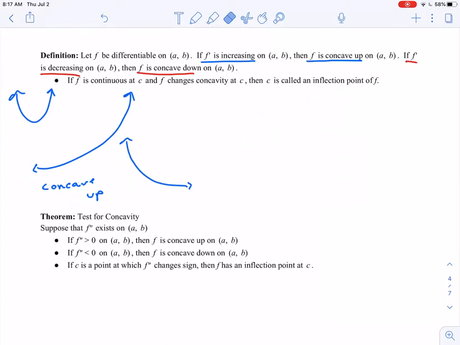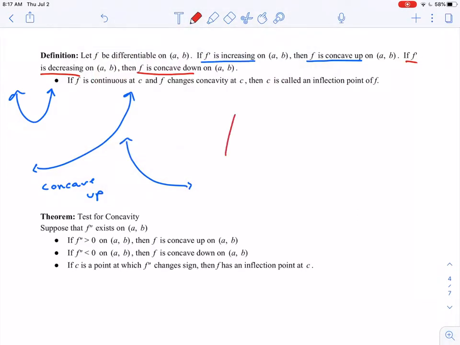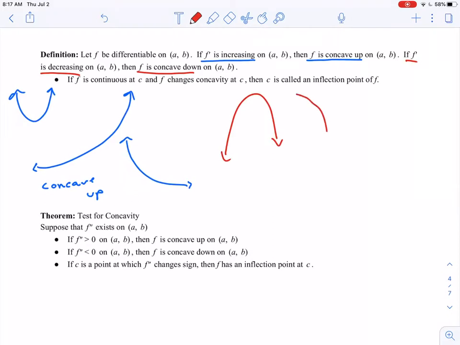Again, you don't need that whole shape necessarily. If you have the whole shape, great. But I might also only have a part of it. Rational functions, we'll see this quite a bit. We might have something that looks like this or something that looks like this. So these are all concave downward.